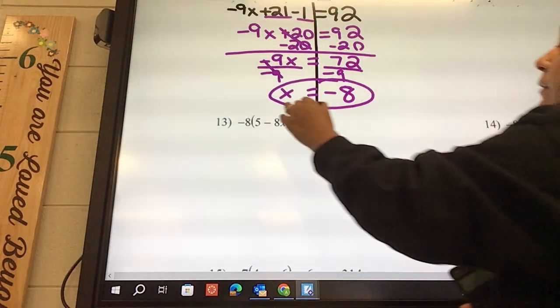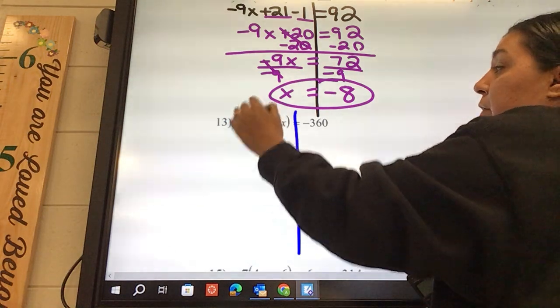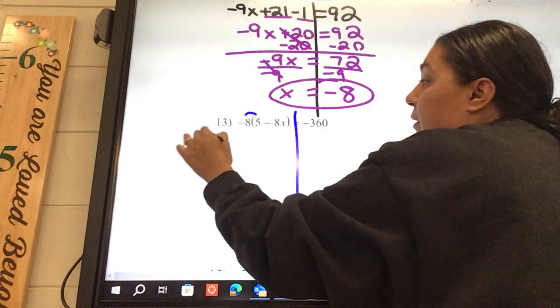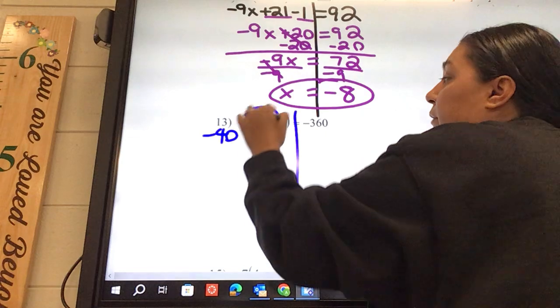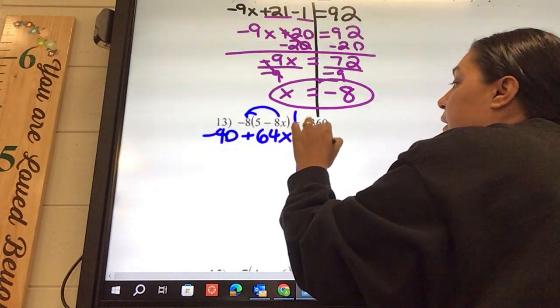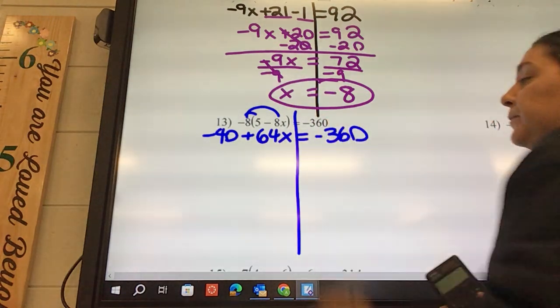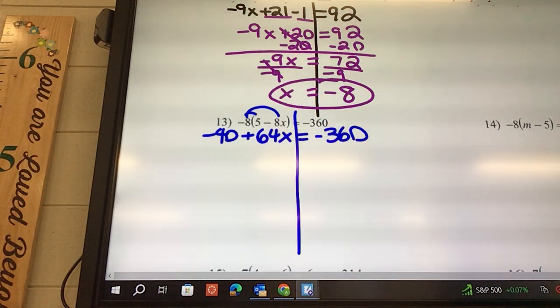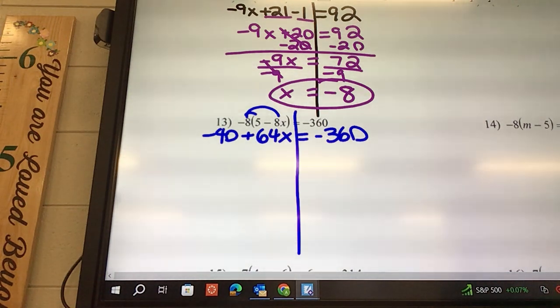Okay, 13. I'm going to distribute, so negative 8 times 5 is negative 40. Negative 8 times negative 8 is a positive 64x equals negative 360. Then we look at this, well, there's only 2 pieces on the left, so nobody needs to combine.